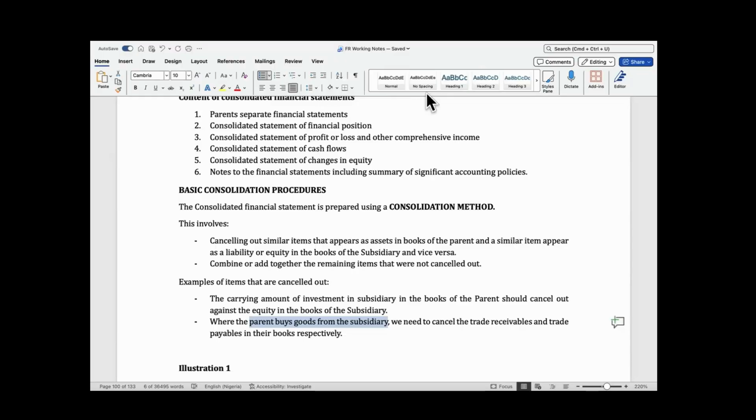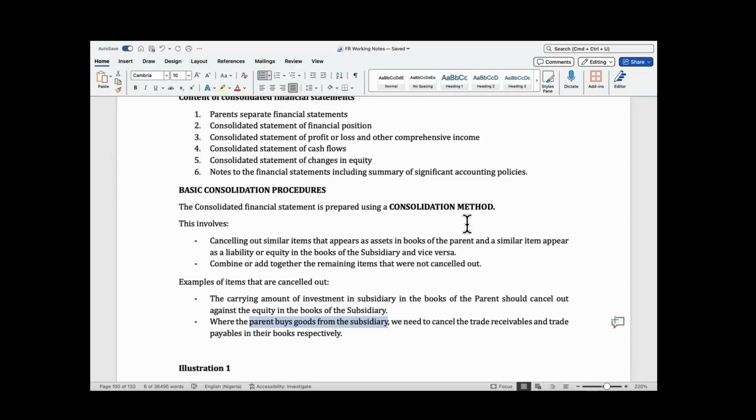Then we said investment in subsidiary is that which gives you control. And you can even have this control even if you have less than 50%. And I told you scenarios where that can happen. Investment in associates is the one that gives you significant influence, which is the power to participate. And you can have this significant influence even if your holding is less than 20%. And I showed you scenarios where that can happen.